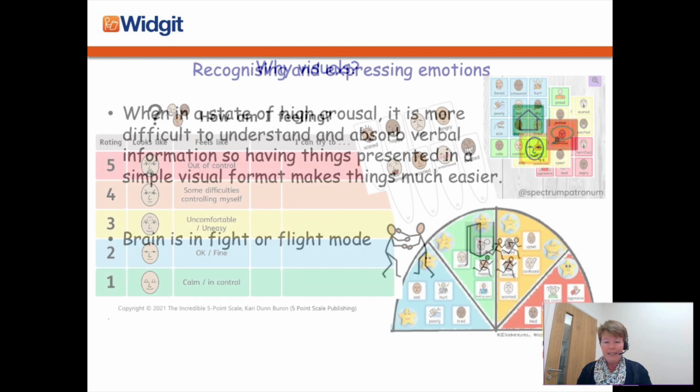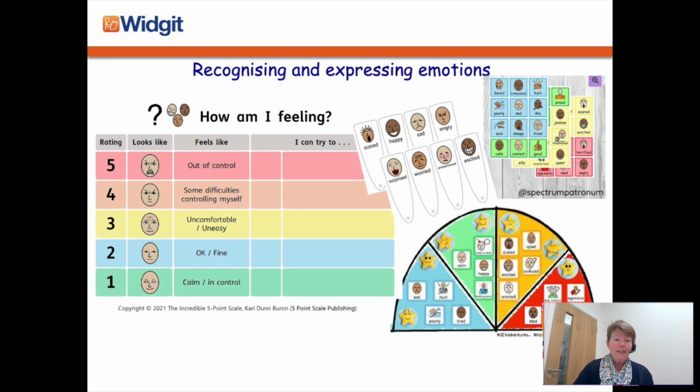Again, next slide, please. So again, some examples of how you might use the software to create resources that are going to help lower those states of anxiety by, in this instance here, recognizing and expressing emotions.